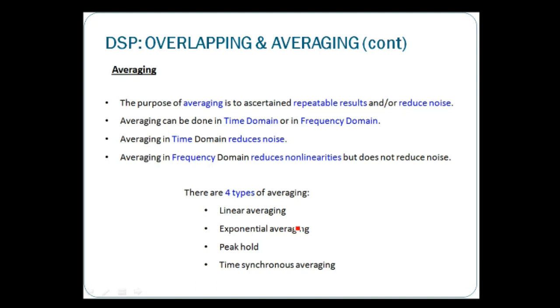Averaging can be done in the time domain or the frequency domain. If you convert everything into frequency and then average, that is the frequency domain. If you do averaging before you convert, that is the time domain. So you have your time series, then it undergoes FFT, then you have the frequency domain.